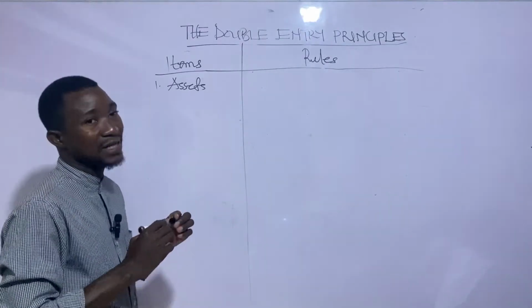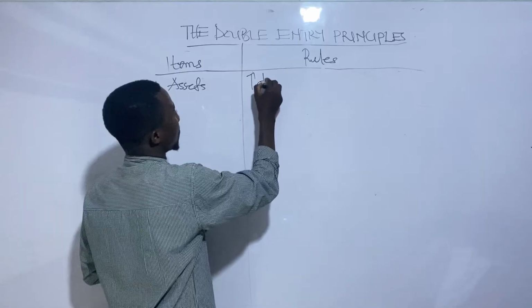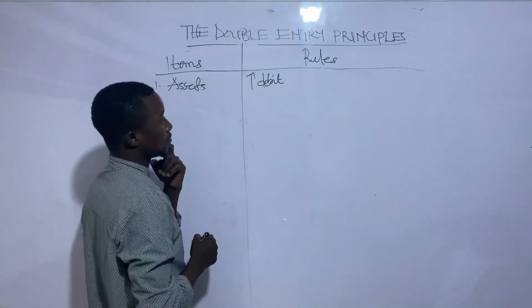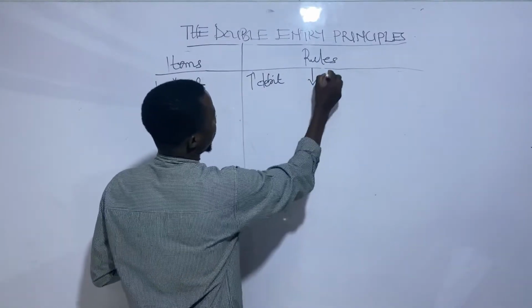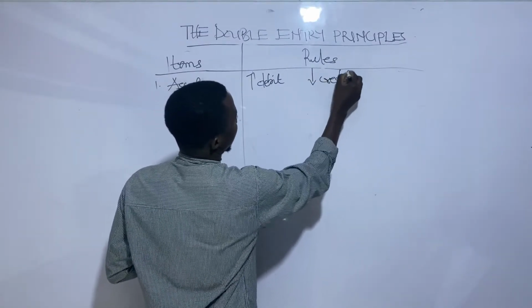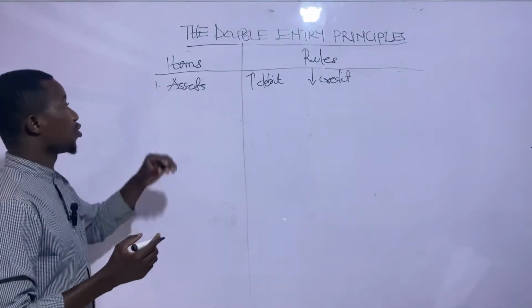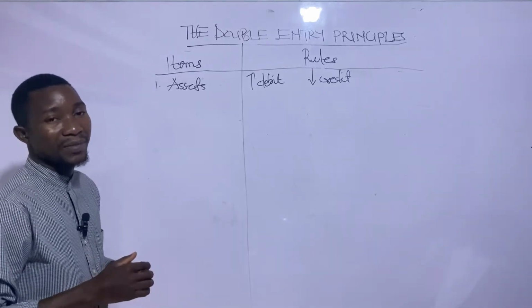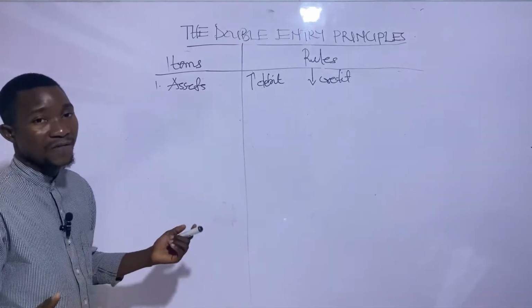So anytime an asset increases, we debit the asset account. Anytime an asset decreases, we credit asset account. Okay, so we know the examples of assets. We could have land and building, we could have furniture and fittings, we could have office equipment.